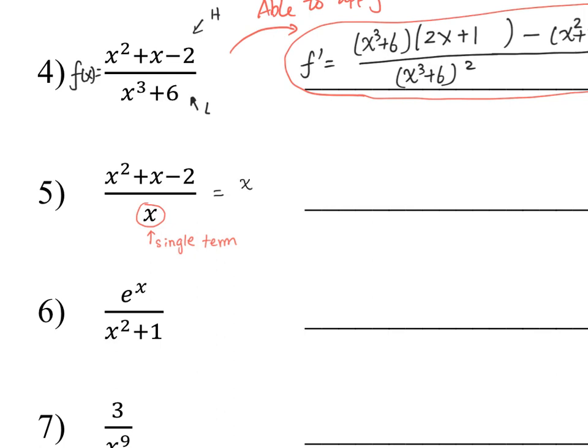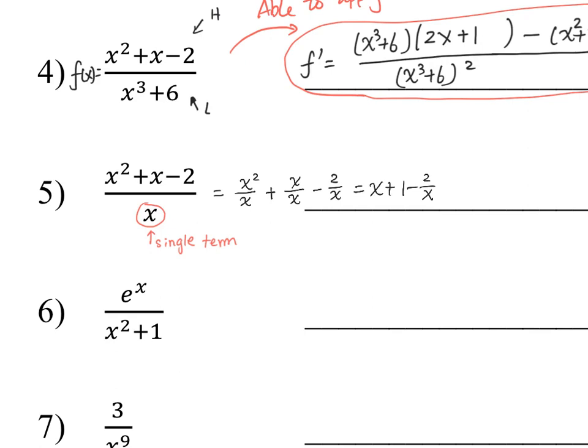For instance, this is my first term, this is my second term, and this is my third term, which reduces to this problem. And this problem is much easier to find the derivative of than the problem that we had originally.